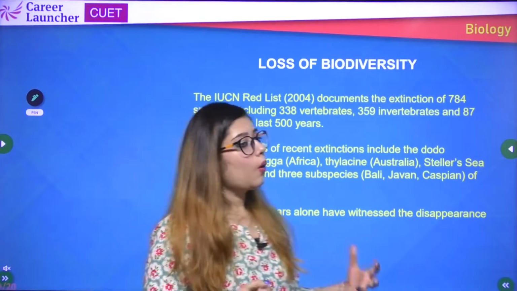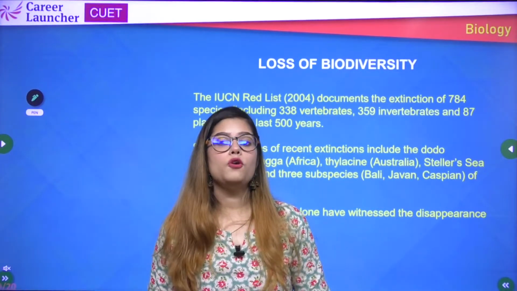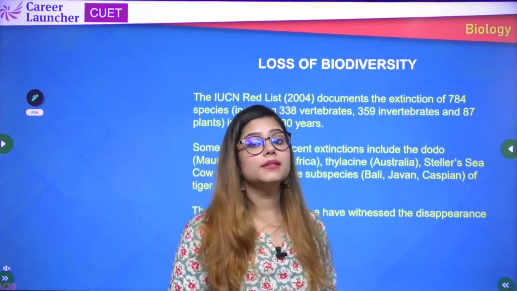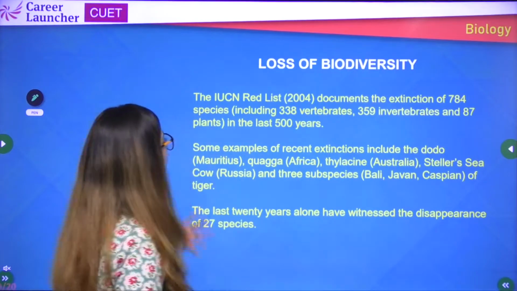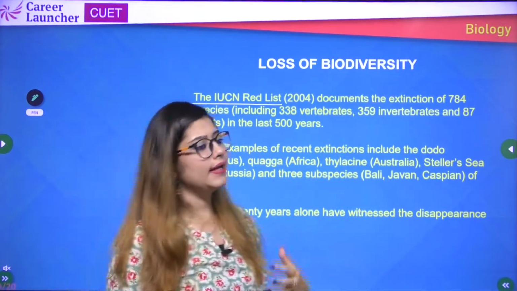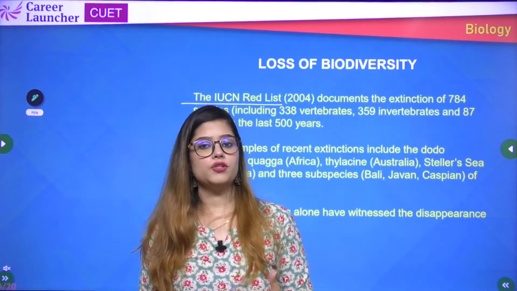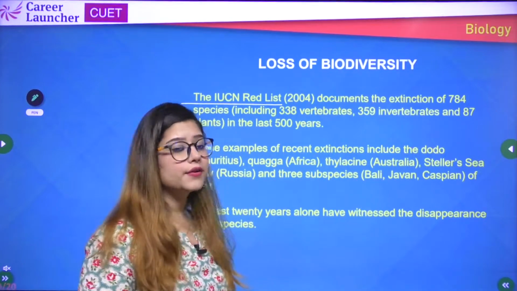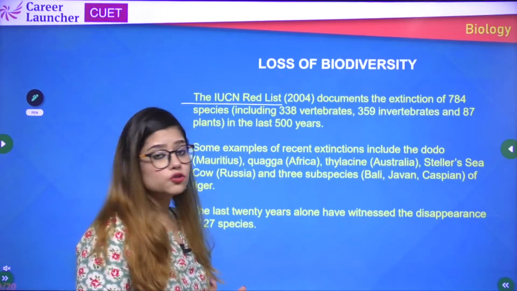So what all are the reasons of loss of biodiversity? Before getting into that, let us look at some statistics that are given. So according to the IUCN Red List, which covers all the extinct species and the species that are highly endangered and vulnerable and are on the verge of extinction.